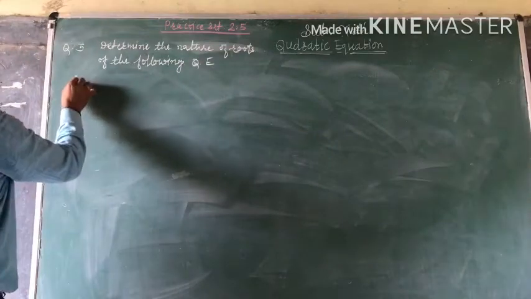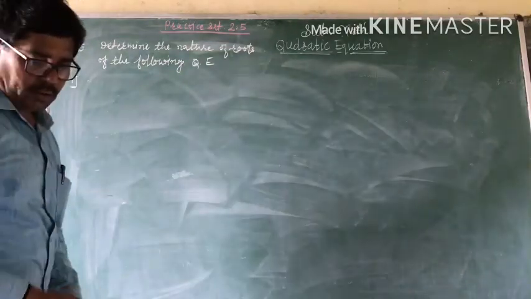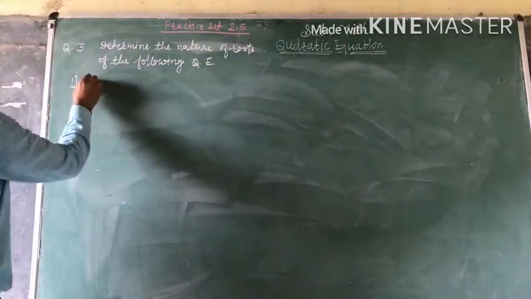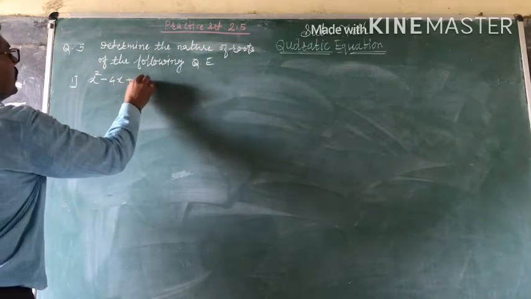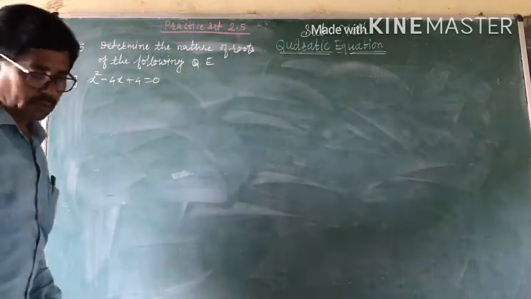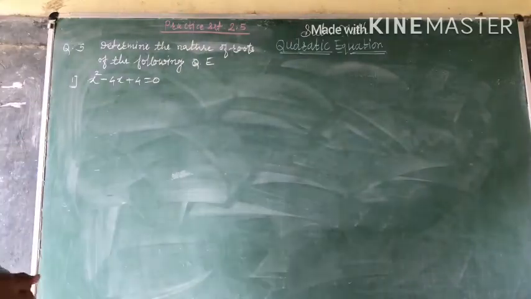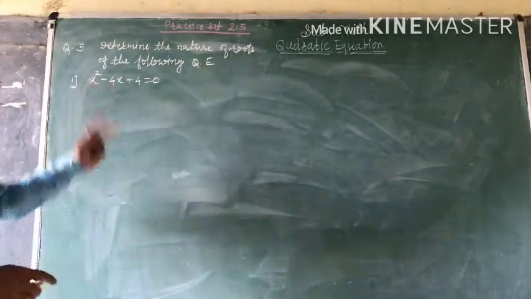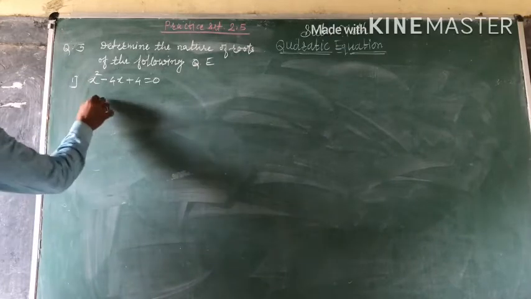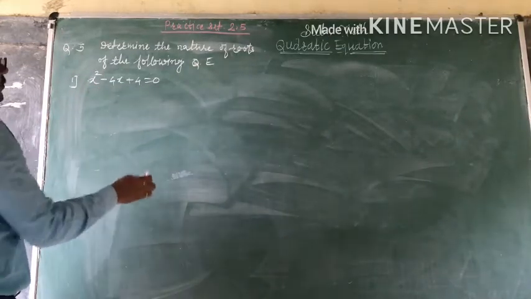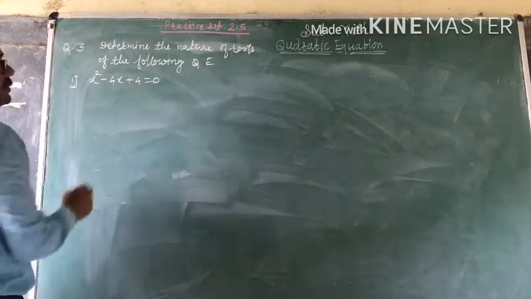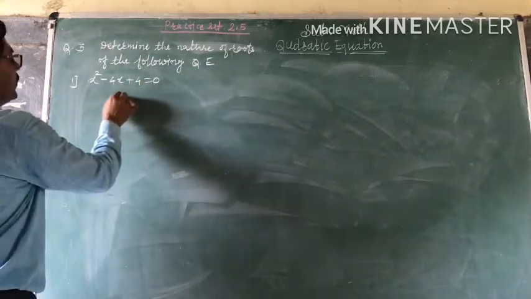The first equation is x square minus 4x plus 4 is equal to 0. We have to determine here the nature of roots of the given quadratic equation. For that, the given equation is in the standard form of a quadratic equation.